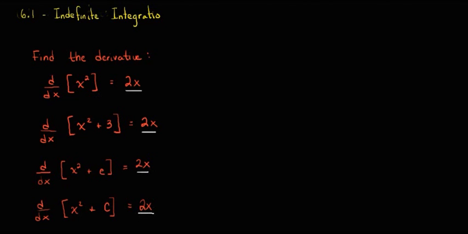Now we talk about this thing called antiderivatives. And really, the question that we ask when we're talking about antiderivatives, let's start off with this question: what is 2x the derivative of?